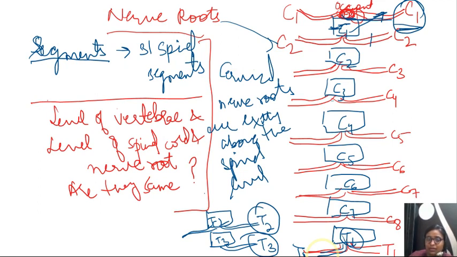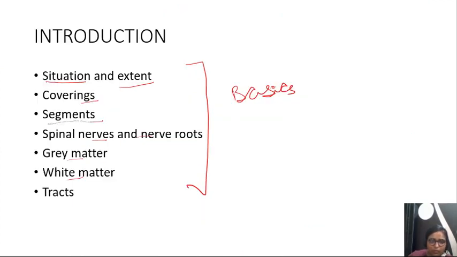Yes, we have to understand the basics, otherwise if you memorize it, you will forget it. So to learn it, you have to know the concept. Your spinal nerves and nerve roots are also clear, segments are clear, coverings are clear, situation and extent are clear. Let's move to grey matter and white matter.